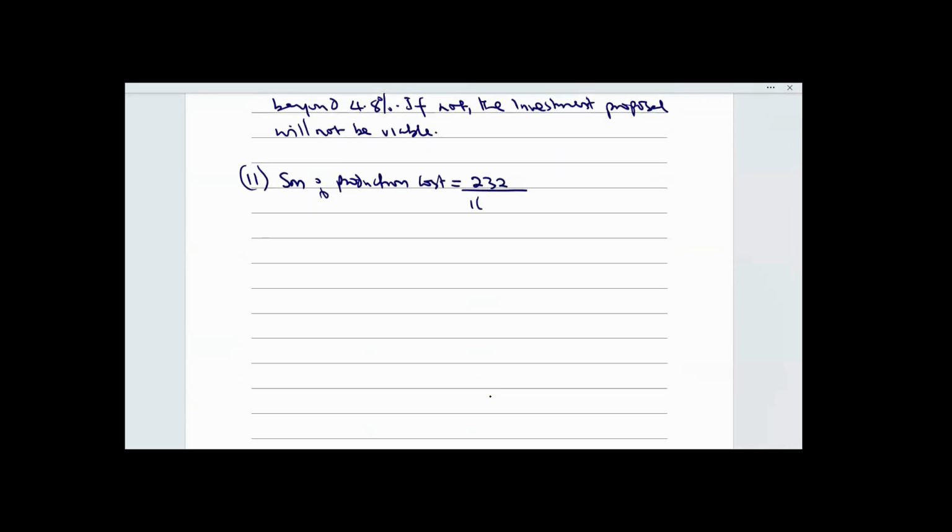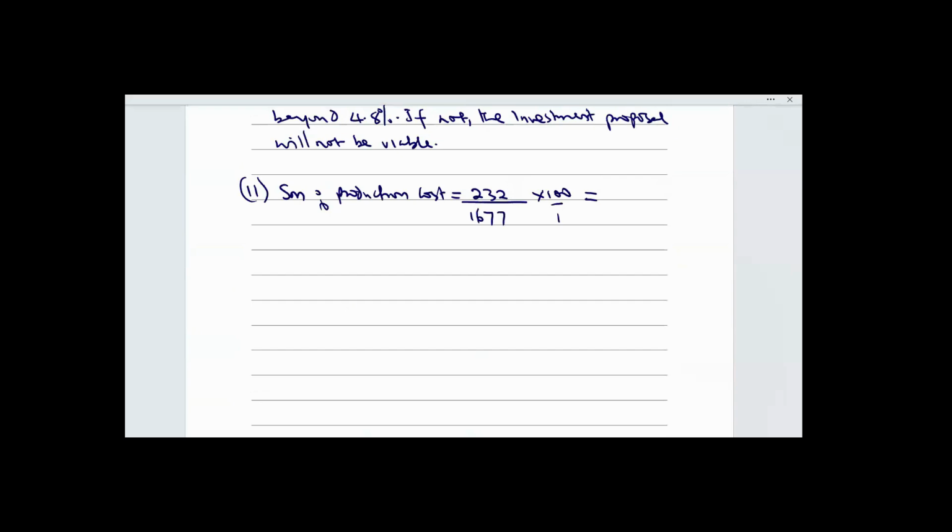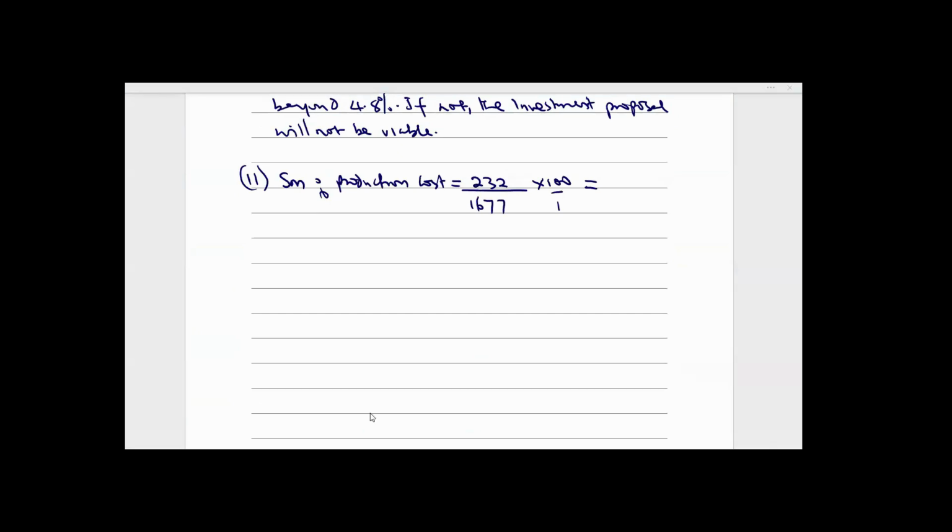So 232 divided by 1677 multiplied by 100. That's 13.8%.